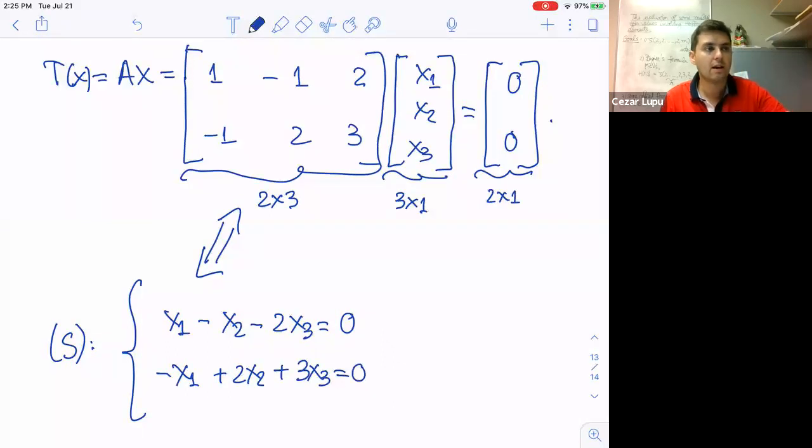As you can see here, this is a system of 2 equations and 3 variables. The number of equations is not the same as the number of variables. So how many solutions do you think the system will have? Do you think it will have a unique solution, for example? Just by looking at it, what's your hunch?